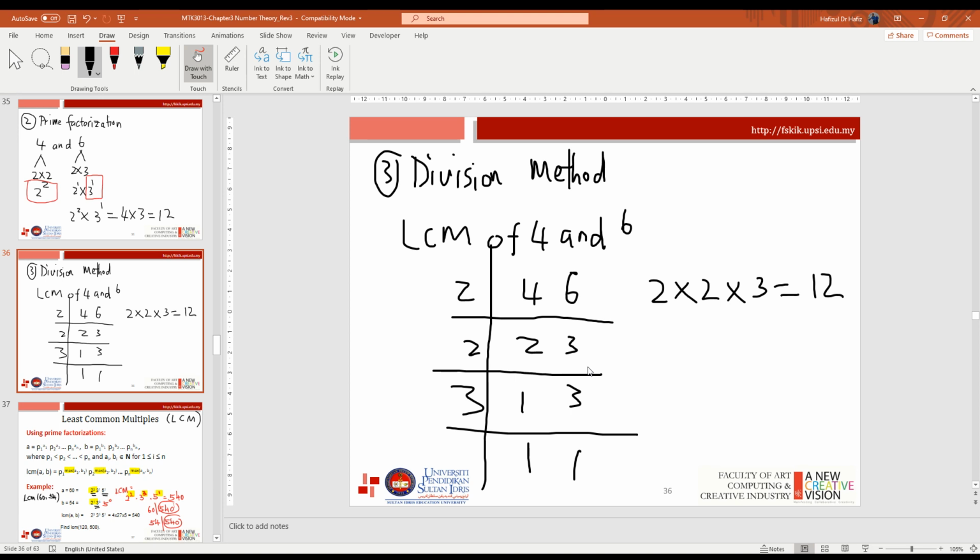Step 3, continue until ones are left in the last row. Then the LCM of 4 and 6 is the product of all prime numbers on the left. For example, the LCM of 4 and 6 by division is 2 multiplied by 2 multiplied by 3. These are prime numbers.